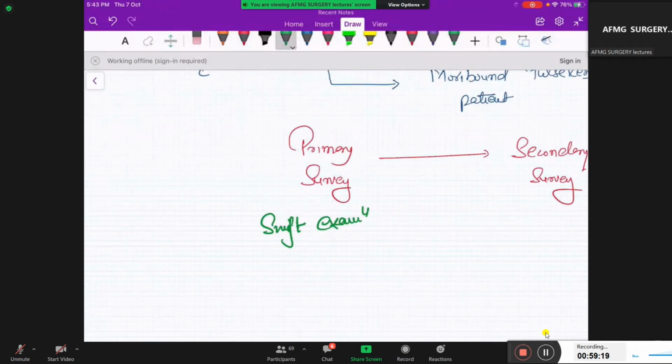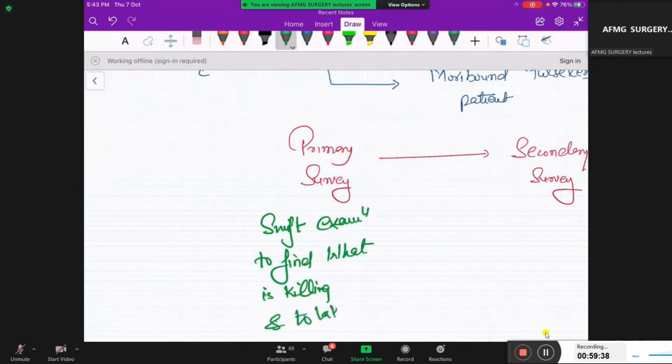Primary survey is a swift examination to find what is killing and to take care of that.